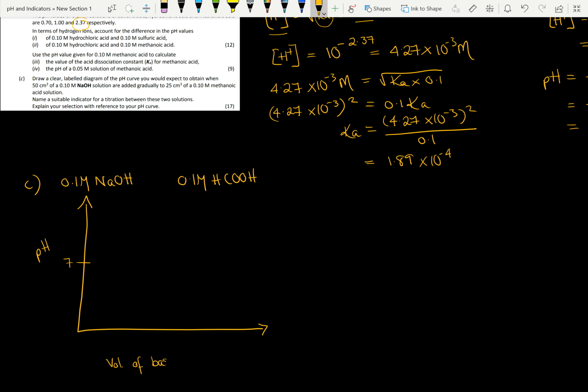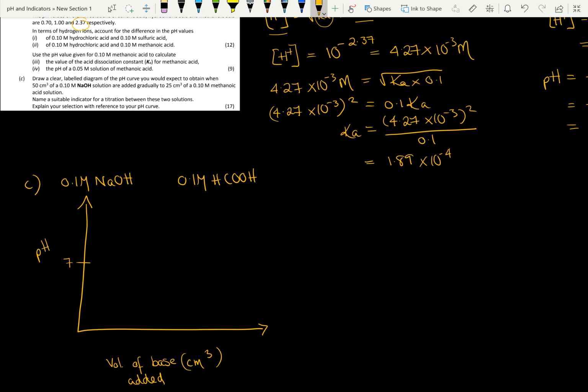So remember, when we're drawing our pH curves, we start off with the acid in the conical flask or the beaker, and we add base to the acid. So we've got our x-axis, volume of base added in centimeters cubed, and we have our pH on the y-axis with 7 marked.